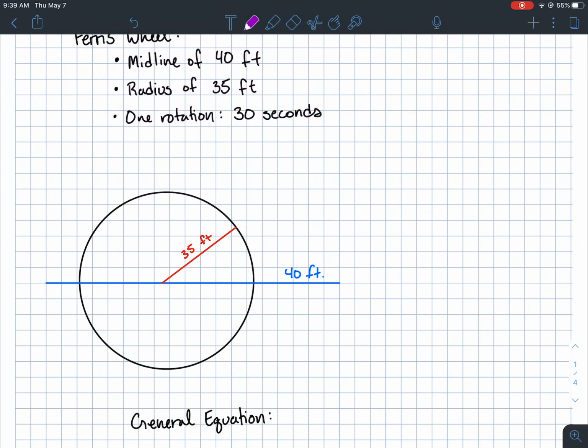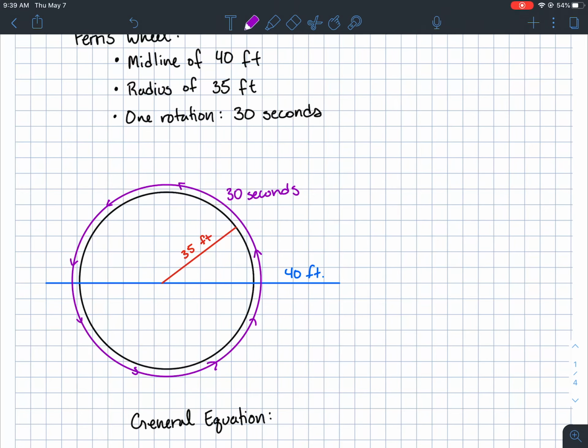And we're going to complete one rotation of this circle, and we're always going to go counterclockwise. That rotation takes 30 seconds.